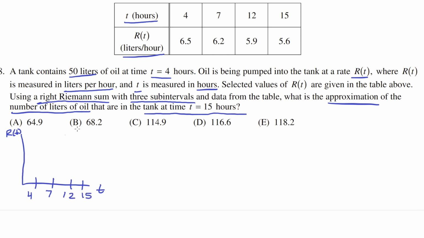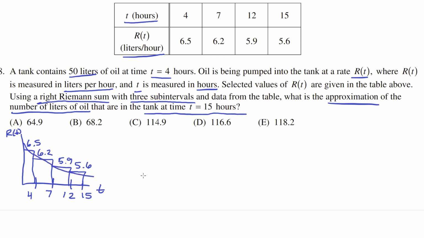At 4 hours, the value of R of t is 6.5. Then at 7 hours, it is 6.2. At 12, it is 5.9. And at 15, it is 5.6.